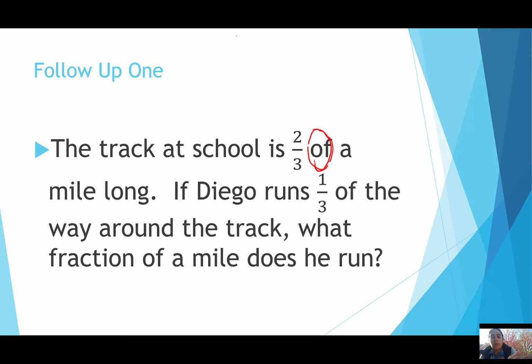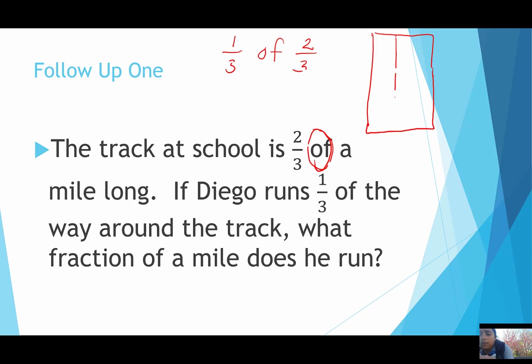So we're taking 1/3 of 2/3. If I did this using a model, I could draw a rectangle like this, split it into thirds.